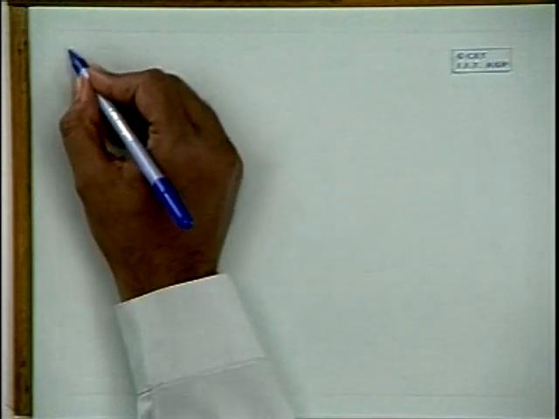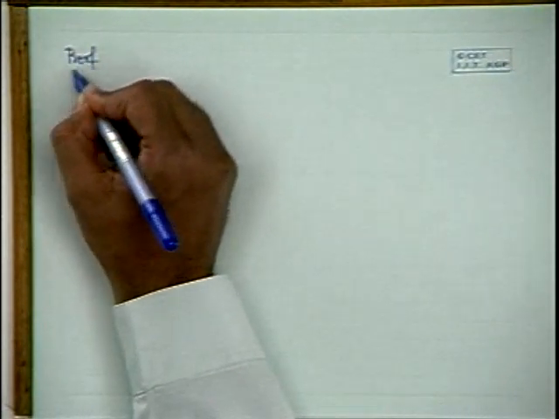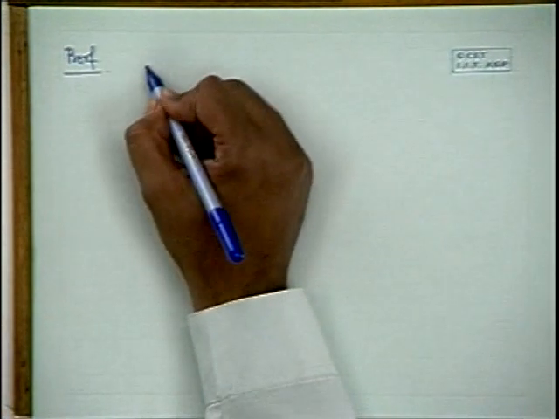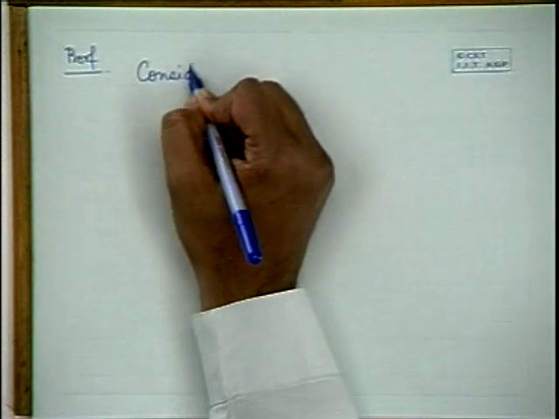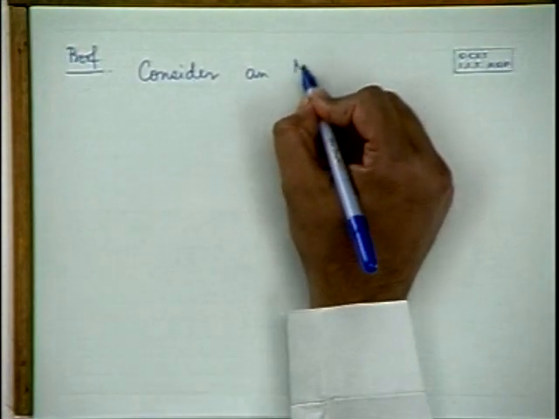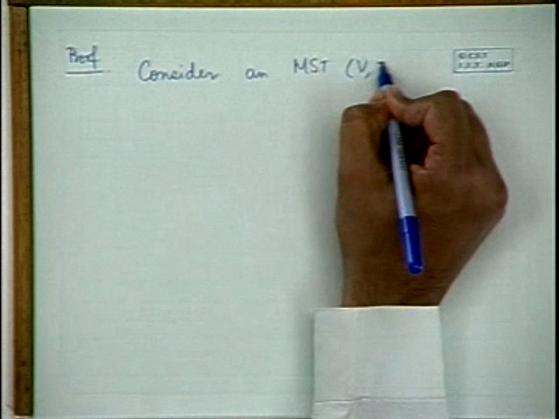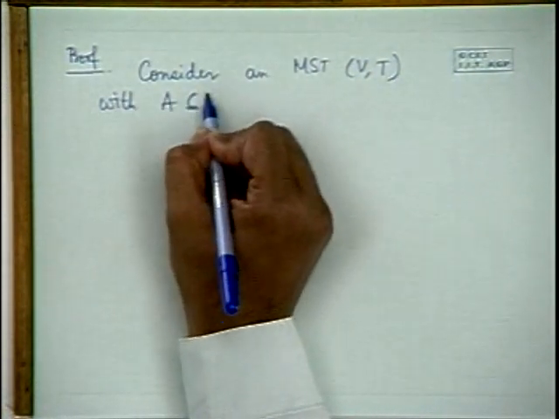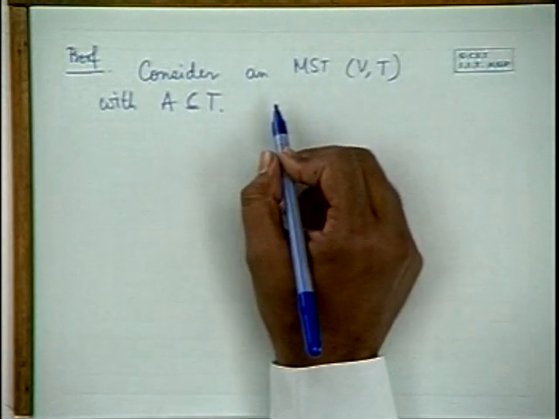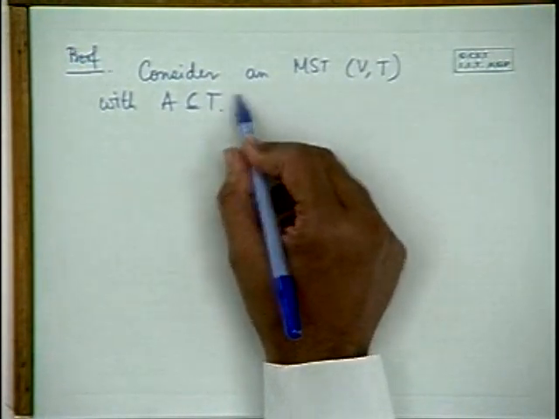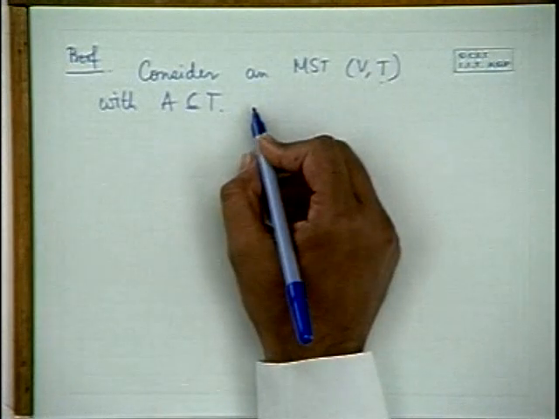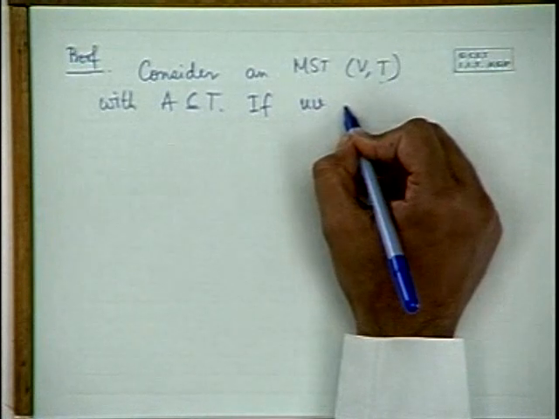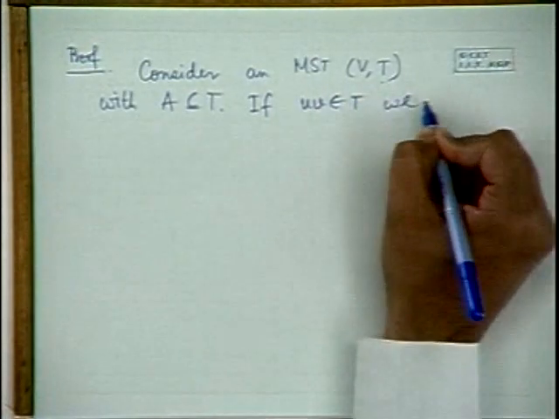Now we are going to prove this. How do you prove it? Consider an MST T with A a subset of T. We already said that's the condition: A is a subset of some MST, and we have taken that MST T. If UV belongs to T, we are done.